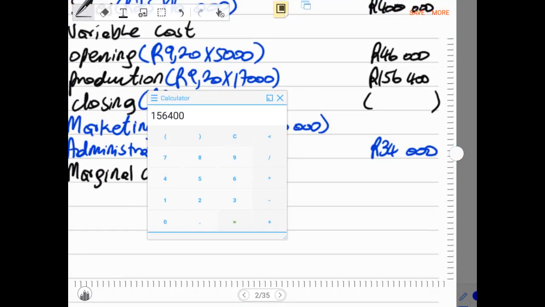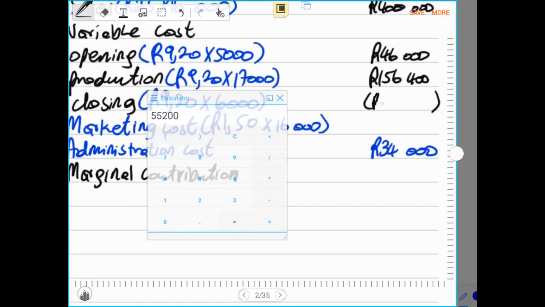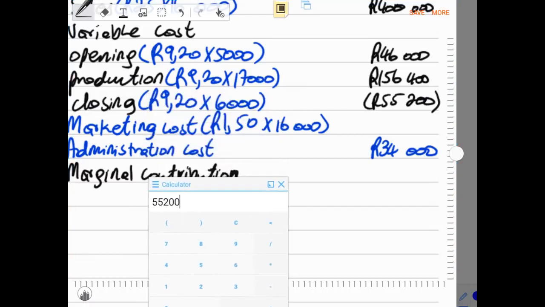Our closing inventory will be recorded here as negative, because we have to determine the total of the inventory excluding closing inventory, because the closing was not sold. So we say 9 rand 20 cents times 6,000, and we remove the closing inventory because it was not sold. It is still there. 55,200 rands will be the amount of the closing inventory.